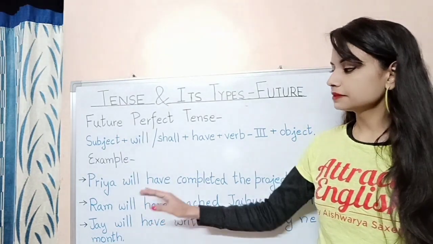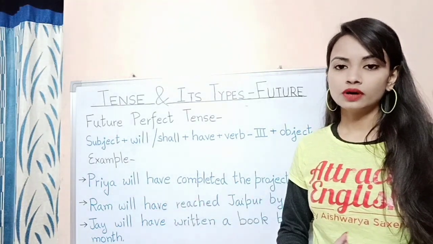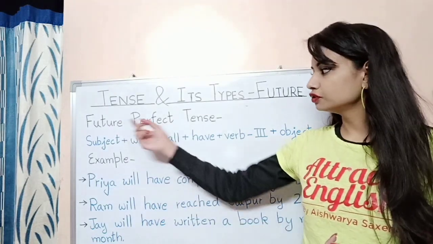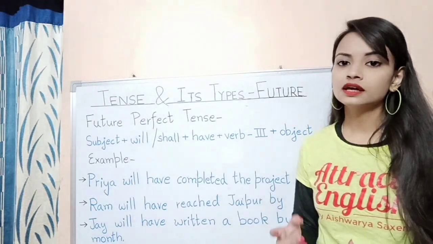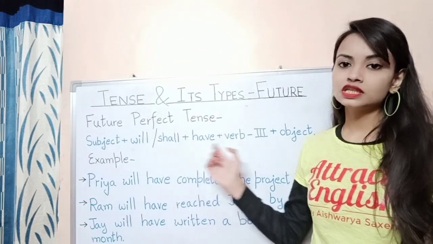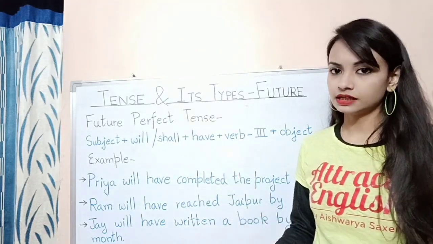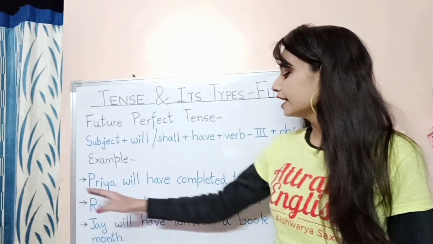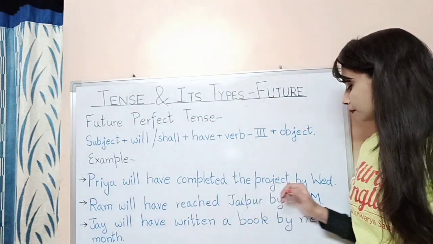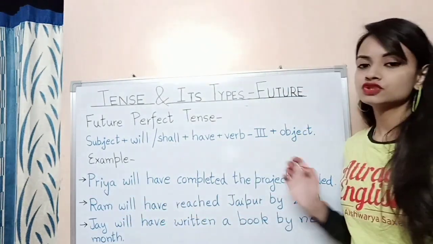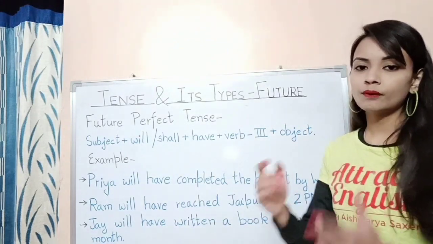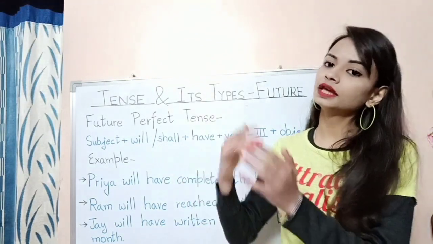Now, let's see some examples in order to understand the application of future perfect tense as well as the usage of this format to frame sentences. First, Priya will have completed the project by Wednesday. So, Wednesday is a point of time that will come in future.